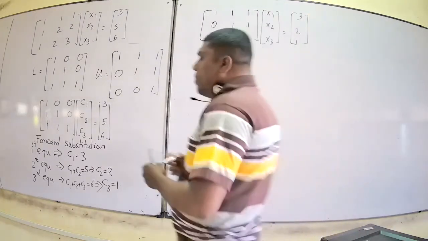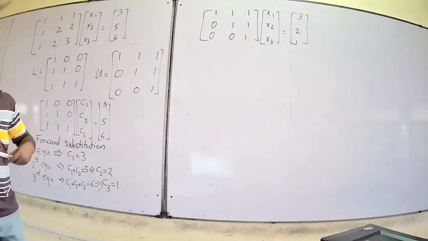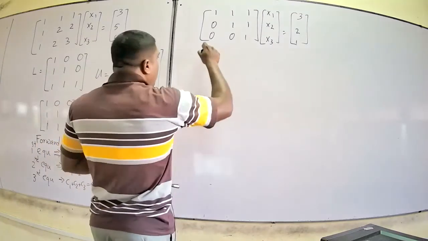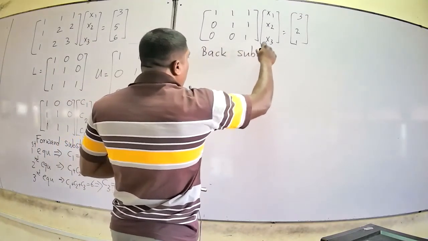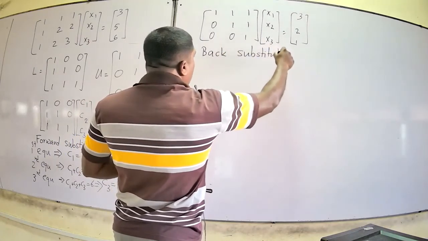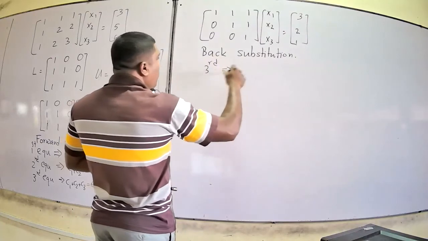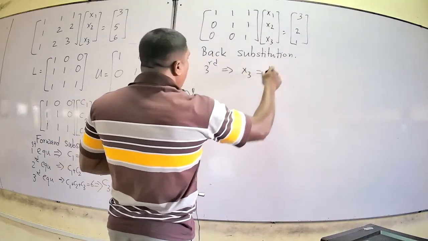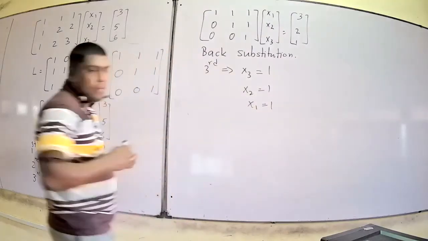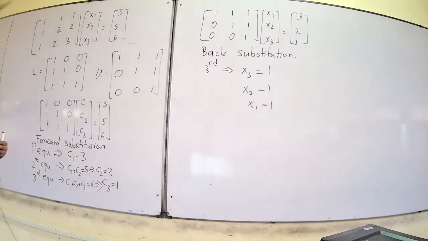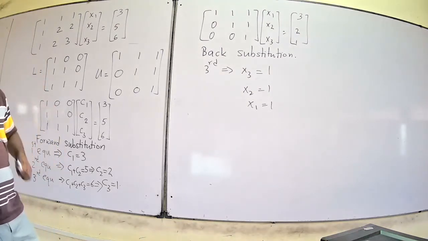By back substitution, you solve this. This is called back substitution. Third equation, x3 is equal to 1, and then you know x2 is equal to 1 and x1 is equal to 1. This is how you solve by using LU factorization.